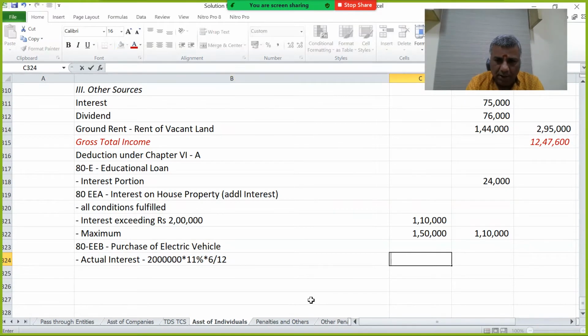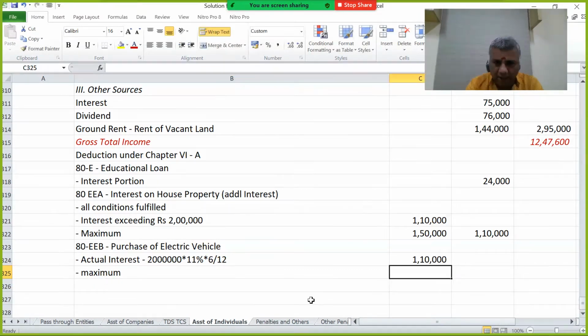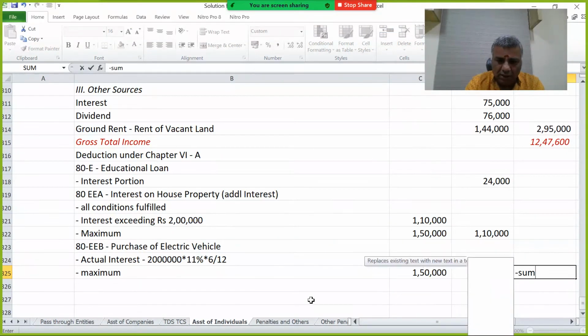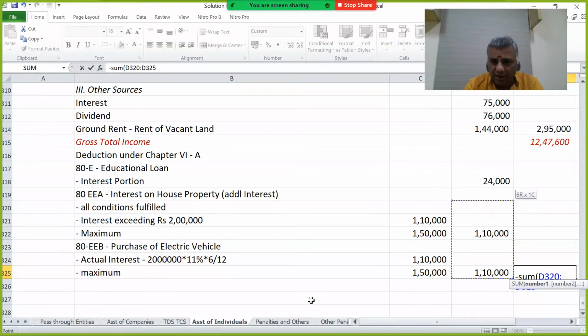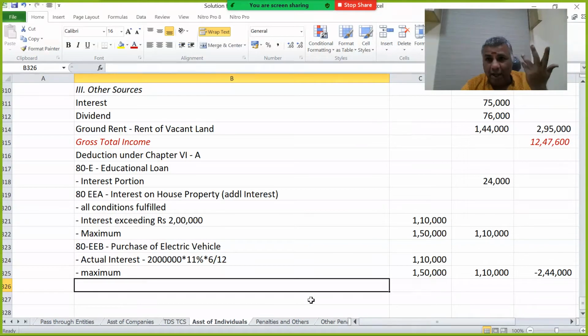Maximum 1,50,000, so here also 1,10,000. The total deduction you can claim under chapter 6A: none of this you can claim if you are following the optional tax regime.